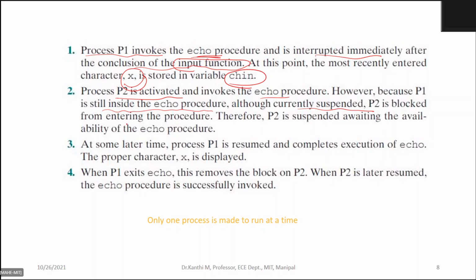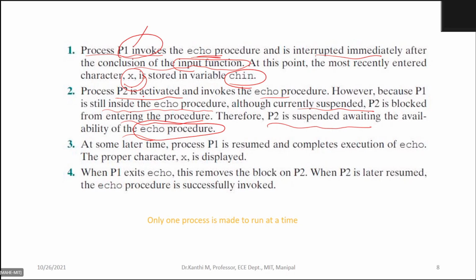So what we do is, since P1 is using this echo procedure, even though it is suspended, you block P2 from using this procedure. Therefore P2 is suspended, waiting for the availability of the echo procedure. Because initially P1 has taken the procedure, even though it is interrupted, if some other process tries to access that procedure, you make it blocked.